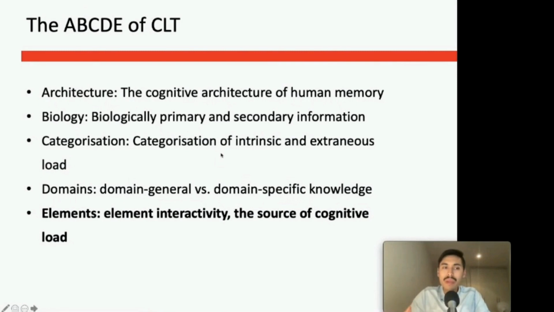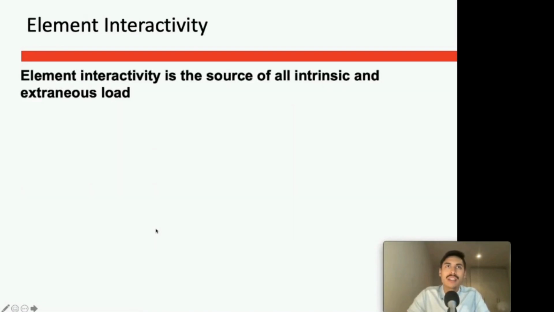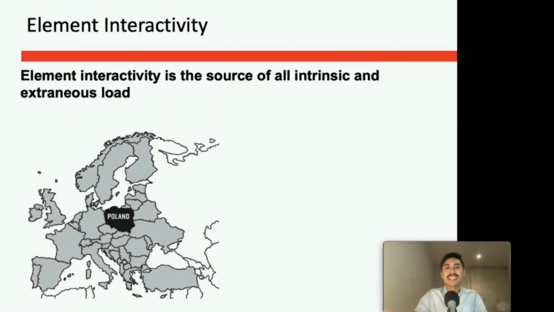And the third big idea of cognitive load theory is this idea of element interactivity. The source of all intrinsic and extraneous load, no matter what it is, is element interactivity. Element interactivity is essentially related to how many elements there are that we're trying to get students to think about. When we say elements, we mean elements of new information and how many interactions there are between those elements.